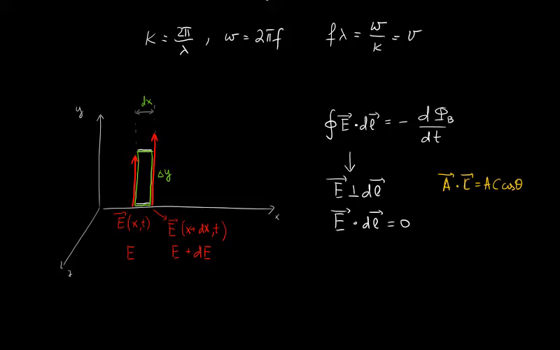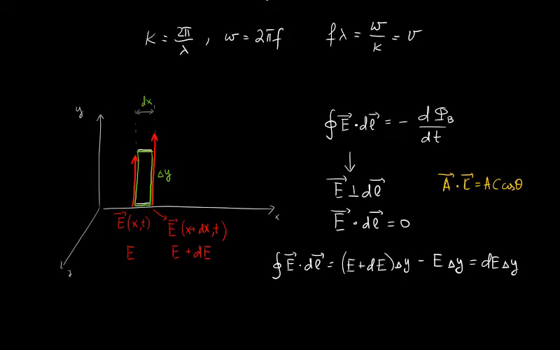Now along the vertical sides of our rectangle, I can write the integral of E dot dl equals, along the right side, (E plus dE) delta y minus E delta y, which will give me dE times delta y.